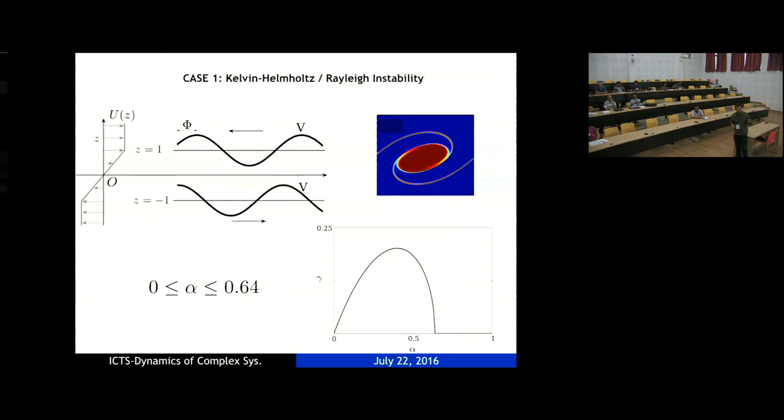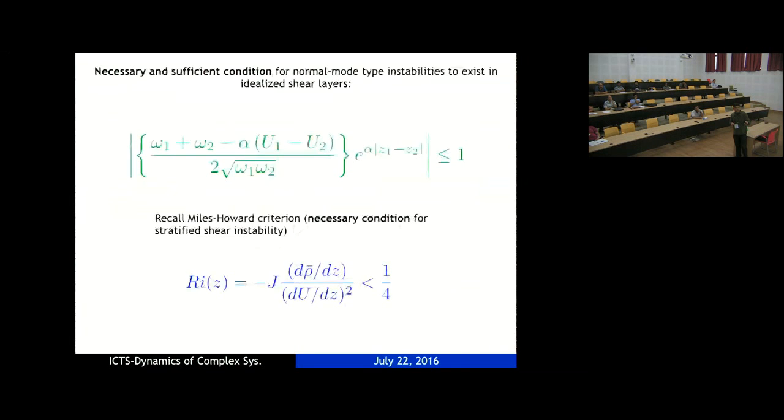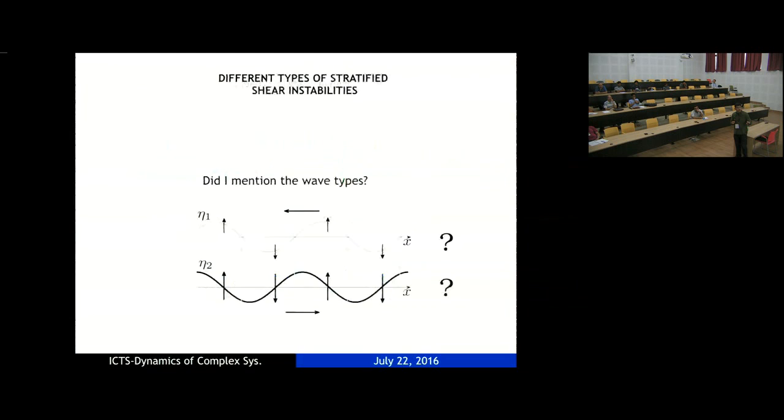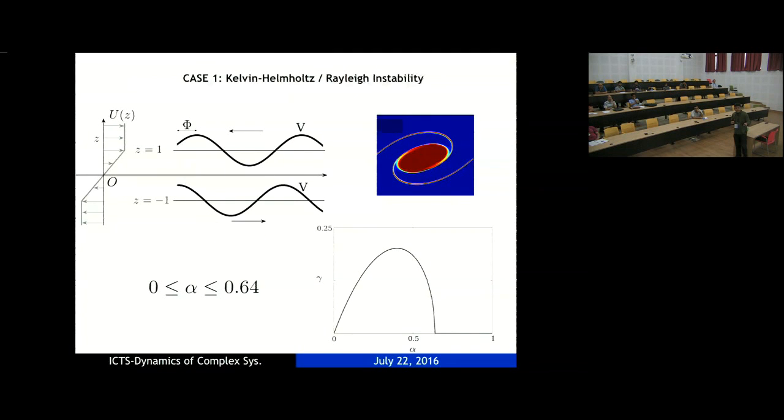So this is the classic Rayleigh shear layer, very textbook. You throw in 2 vorticity waves and plug them into this equation: omega 1 is half, omega 2 is half, u1 is 1, u2 is -1, and z1 minus z2 is 2. You just plug it in, and you will get this bound.